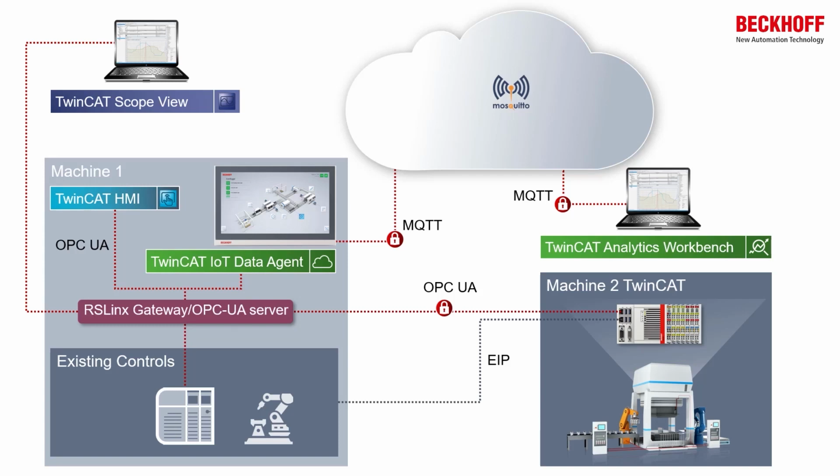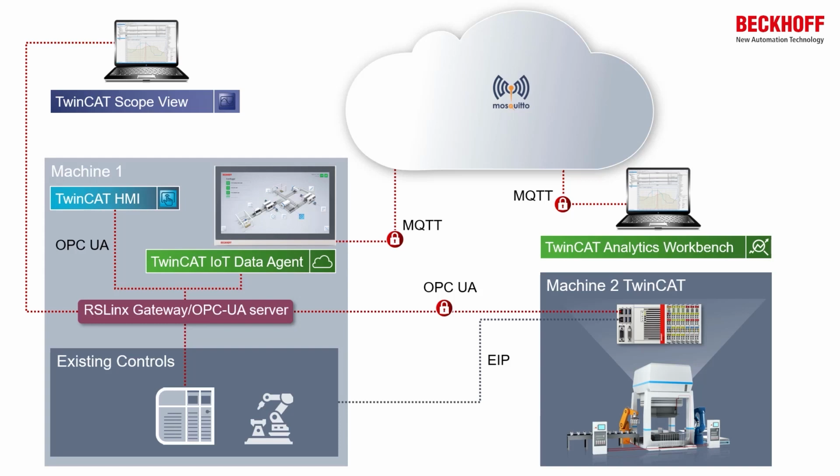So in this case, what we're going to do is add this IoT data agent running on the same HMI PC that's going to take this OPC data and turn it into an MQTT stream. And that MQTT stream will go through a Mosquitto broker, and we'll set up on the other side the analytics workbench or also the analytics service tool to quickly analyze some of the data and see what's going on, as well as maybe we want to see this more long term.